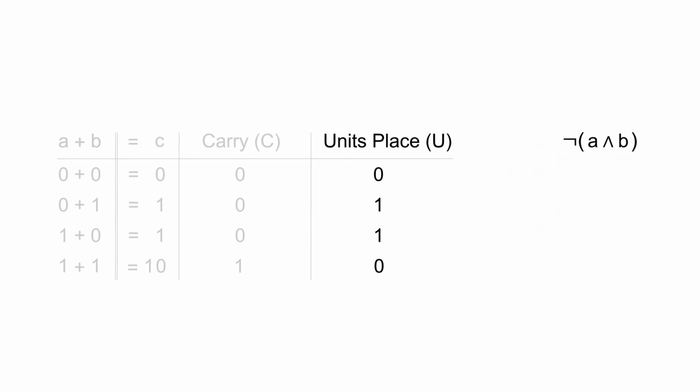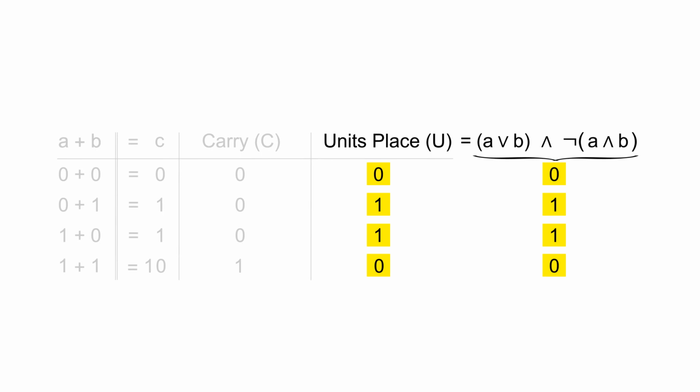In the units place of the binary addition, 1 plus 1 would then get A or B, and not A and B. In the first 3 rows of the addition table, the first bracket yields the result, while the second bracket always yields 1 on account of the negation. The fourth row differs in that the second bracket always yields 0. Thus, on account of the AND between the two brackets, the end result is 0. So, the answer is correct.